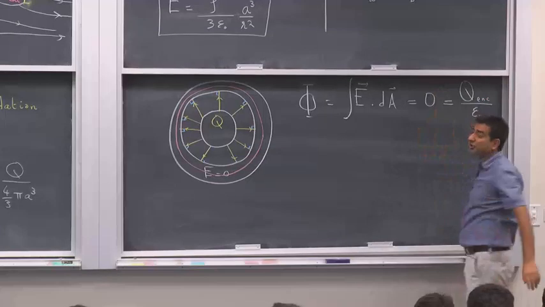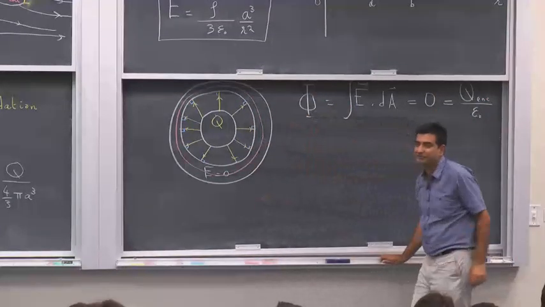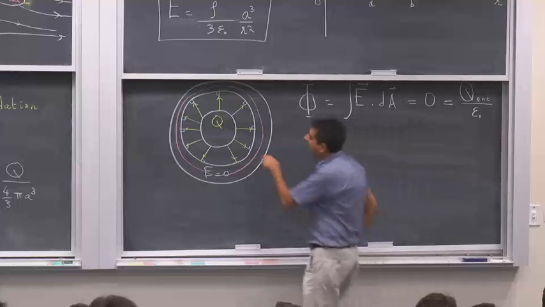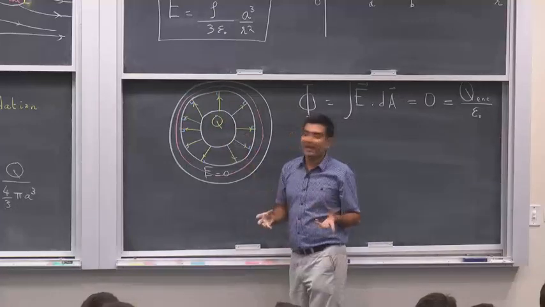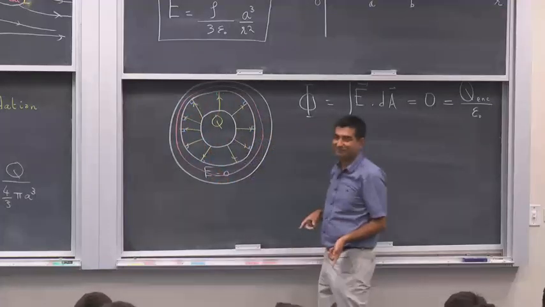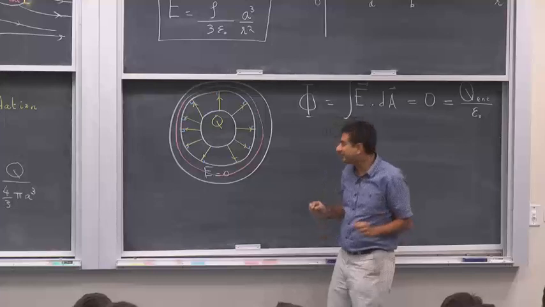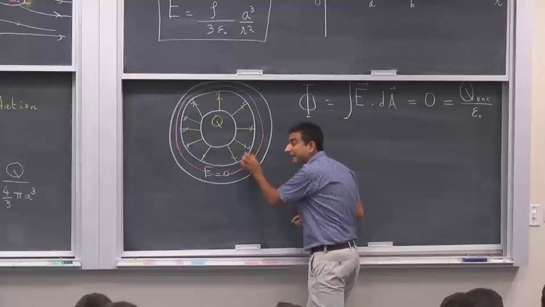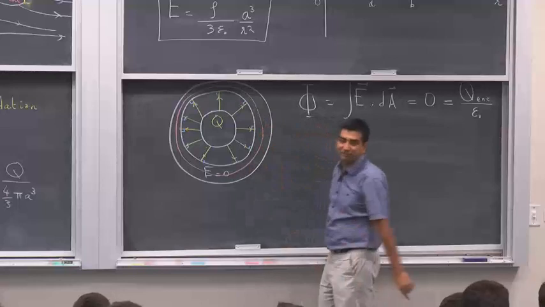This means that the total charge enclosed by this pink Gaussian surface has to be zero. But what I observe here is that the insulator carries a charge plus Q. To make the total charge enclosed zero, there has to be some additional charge that exists on the surface of this metal to make the net charge inside this pink Gaussian surface zero.